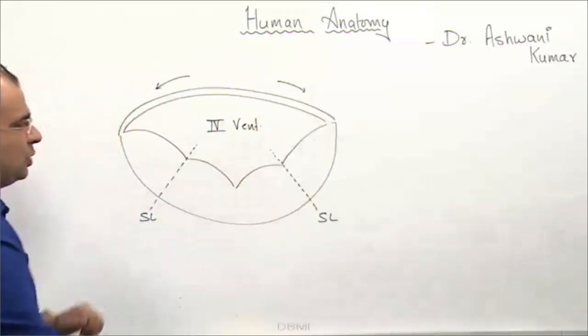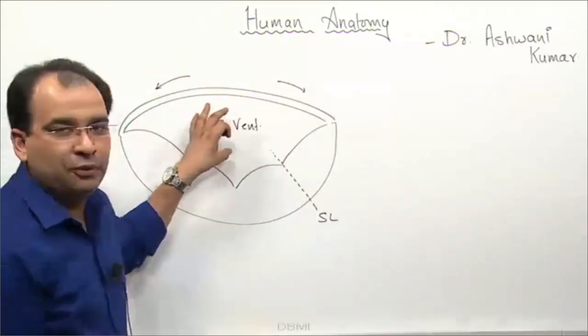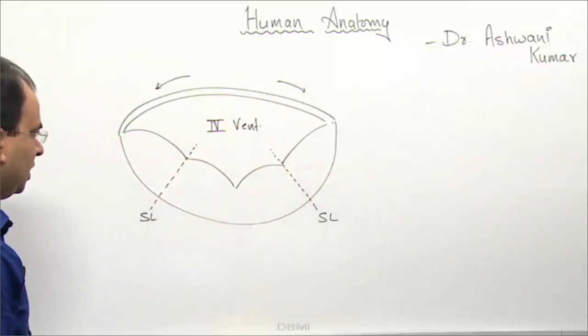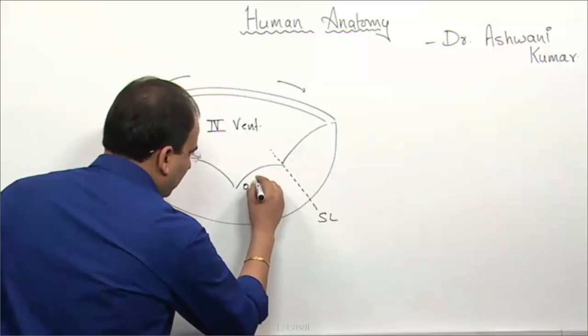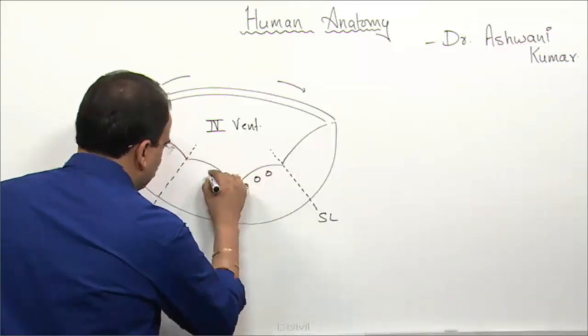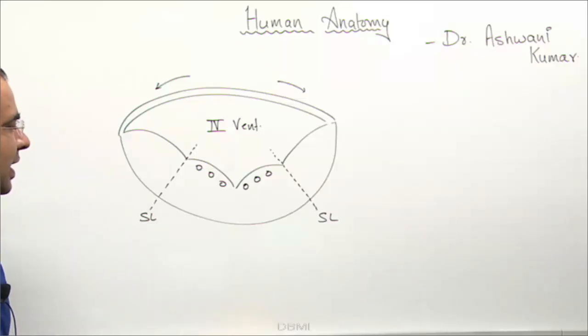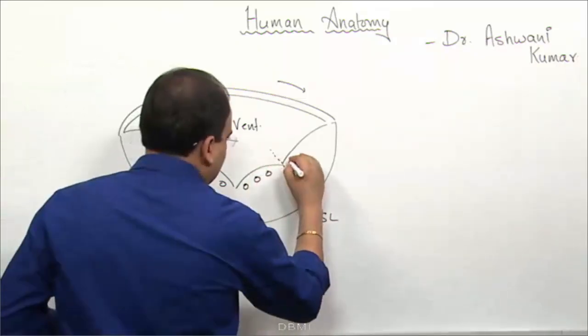Now look at this, the neural tube has opened up and it is accommodating the fourth ventricle inside, and we have the basal and the alar plate. So you will have the motor nuclei developing in the basal plate, and we'll have sensory nuclei developing in the alar plate here.